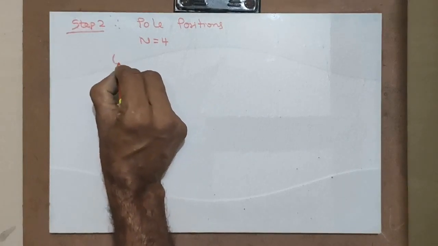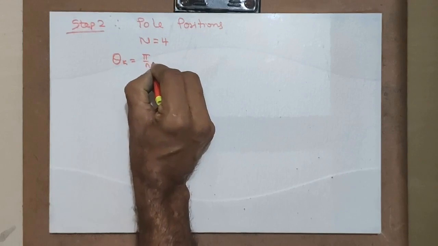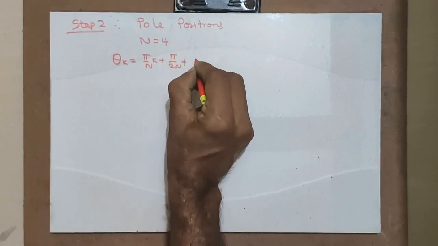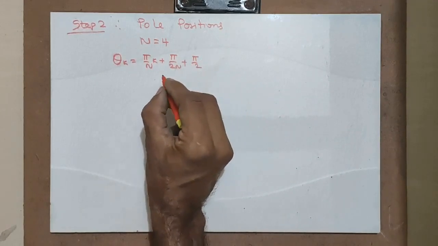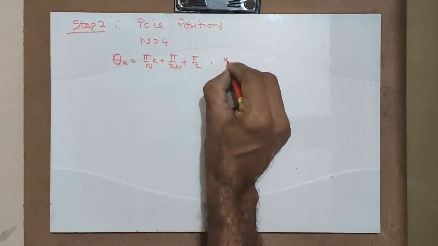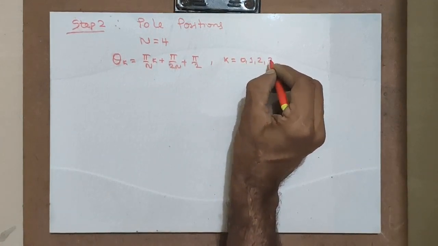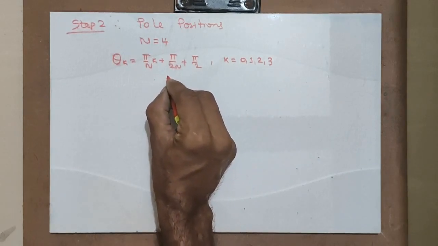Now you have to apply theta k is equal to pi by n into k plus pi by 2n plus pi by 2, where you know that k is equal to 0, 1, 2, 3. There will be 4 poles.